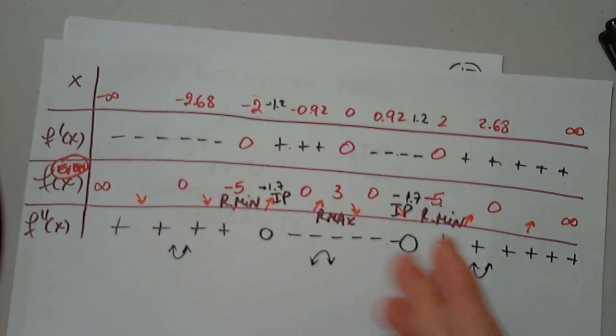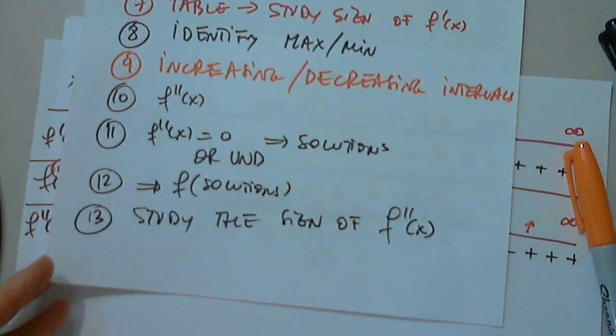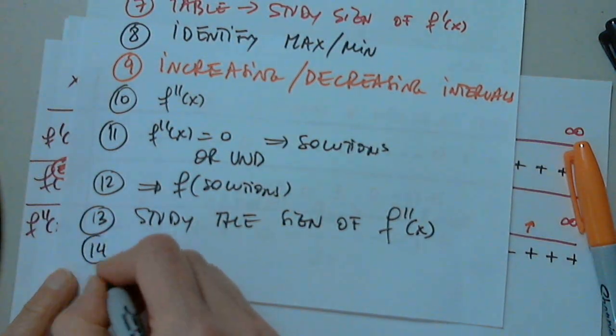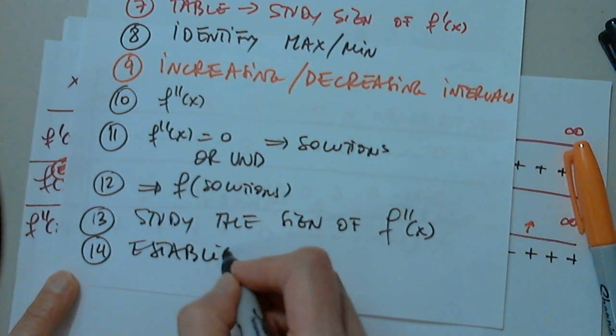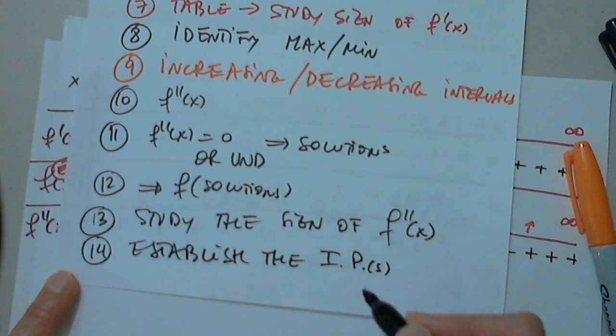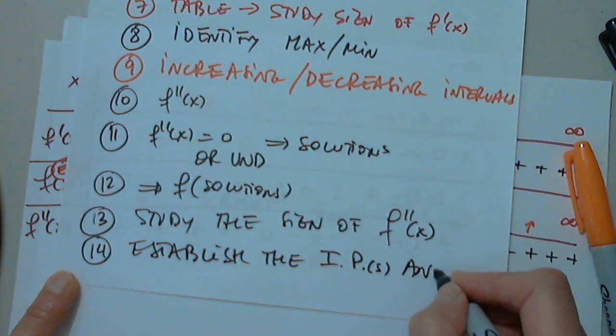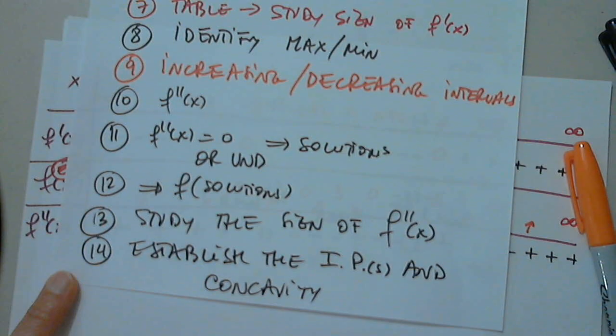Now I see the table is complete. We study the sign of the second derivative. We establish the inflection point, or points, and concavity: when it opens up and when it opens down.